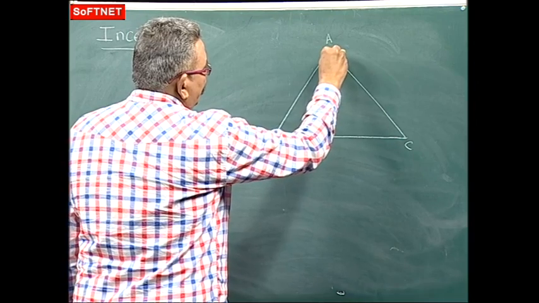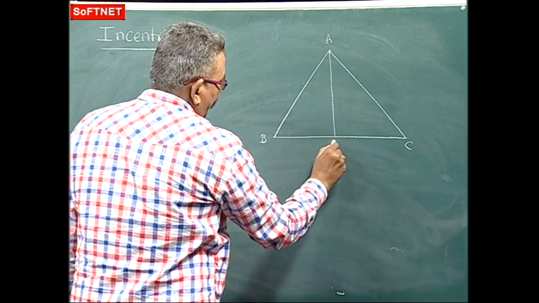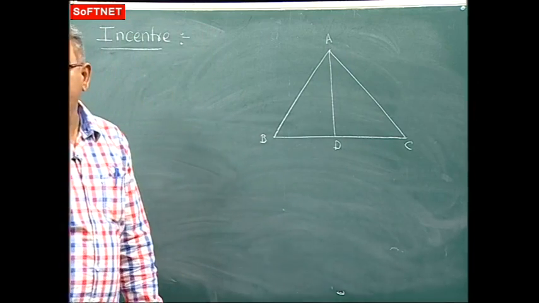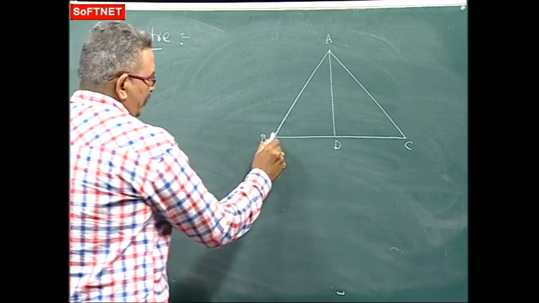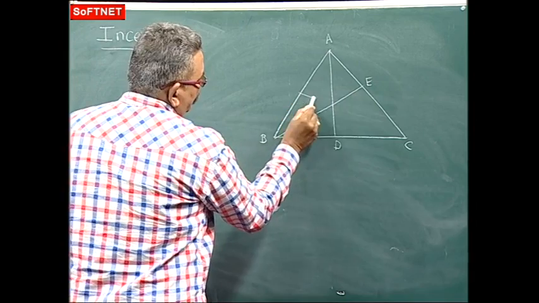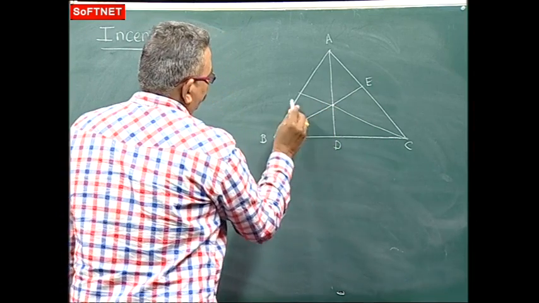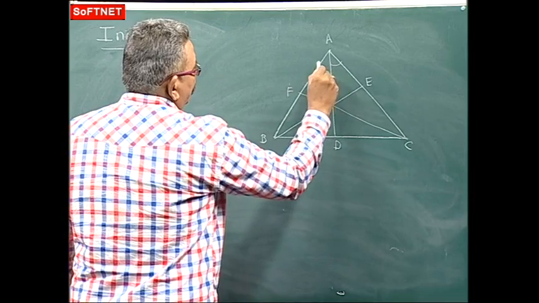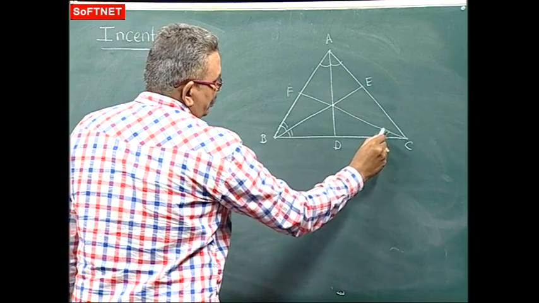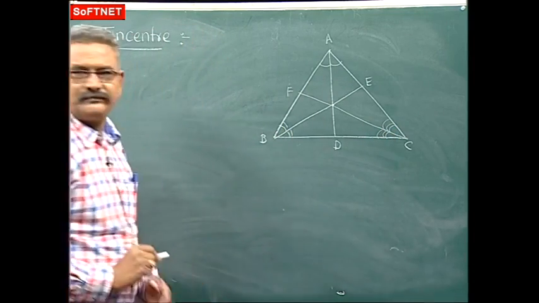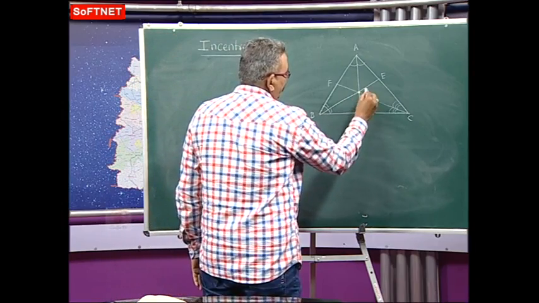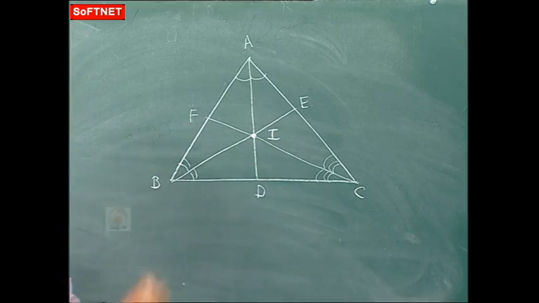Consider the angular bisector of A, say AD, which meets BC at D, and the other angular bisector, say CF. These two angles are equal, these two are equal. Now they meet at one point. This is known as the in-center, denoted by I.